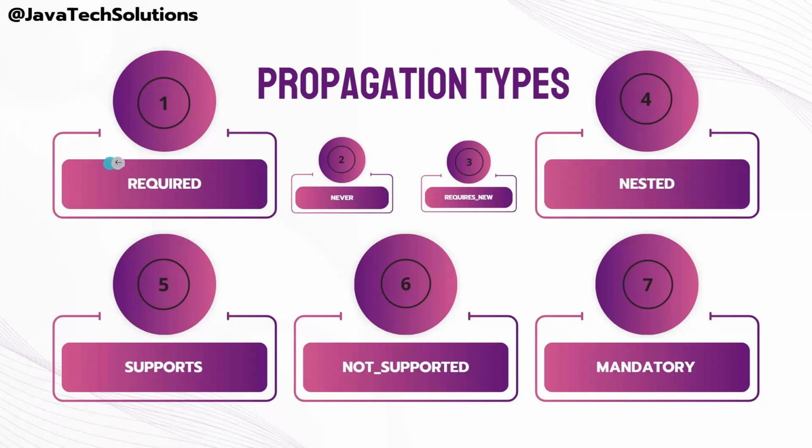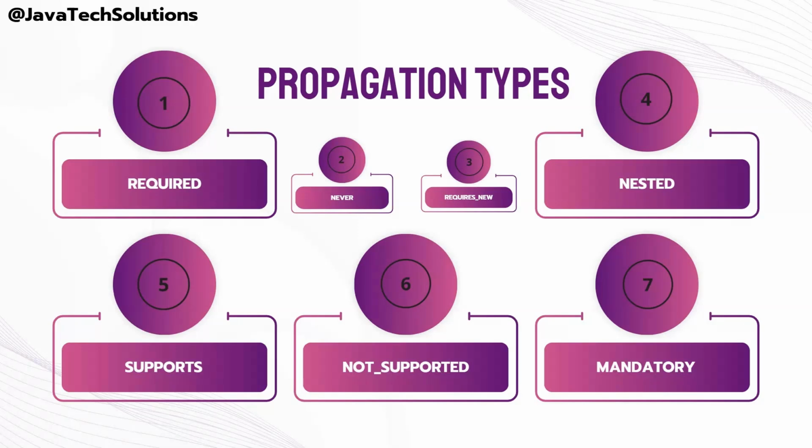Here, one is REQUIRED, which means it will join the current transaction, or it will create a new transaction if none exists, meaning maybe there is one transaction going on. If we define the propagation type as REQUIRED within the transaction annotation, then it will join the current transaction if any, or create a new one if none exists.